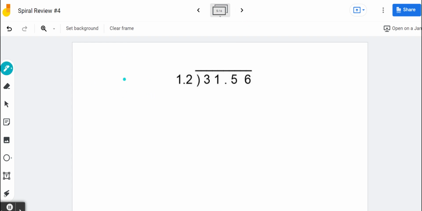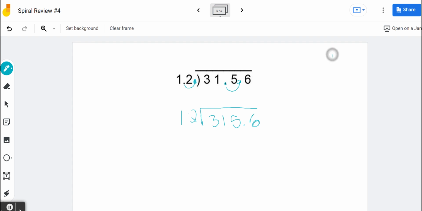Division of decimals. So this one, remember, we don't want to divide these numbers like this. We want to move the decimal out of this number. But if I move that decimal once, I have to move this decimal. So that means realistically, I'm doing 315.6 divided by 12.